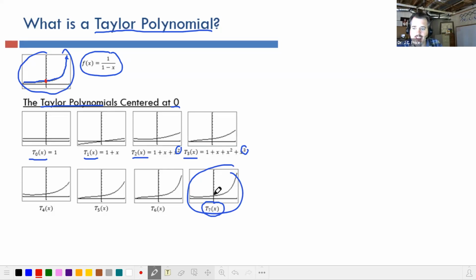Down here at x equals 0, you have a point. The graph around those points is almost identical from looking at them. And so that's basically what we're going to do today. We're going to learn how to create these Taylor polynomials given a function.